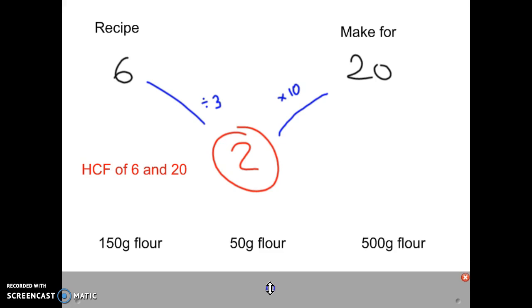But I'm just going to show you the example here with the flour. I'm going to take the 150 grams of flour and divide by 3 to give me 50 grams. I'm then going to take the 50 grams and times by 10 to give me 500 grams. So that I would repeat with the sugar and all the rest of the ingredients.